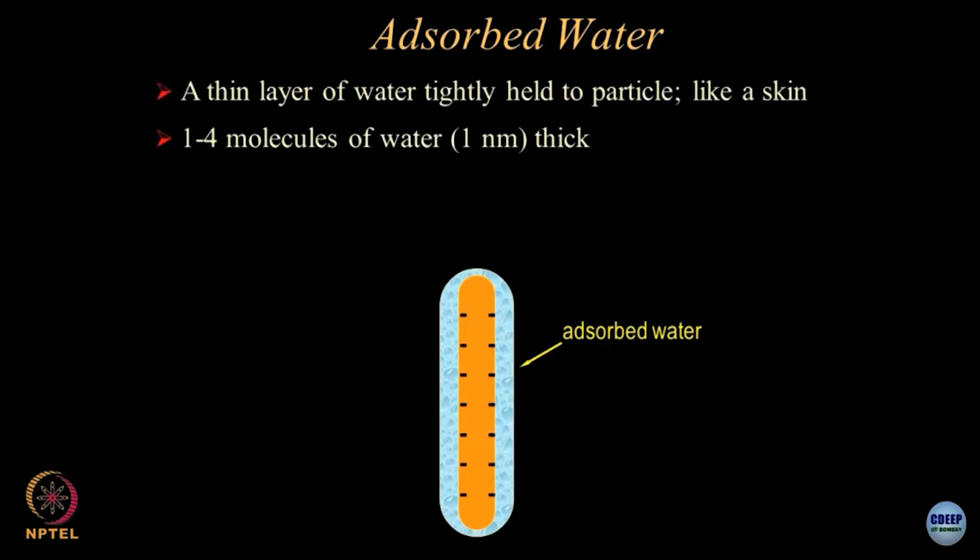It looks like a capsule. Sometimes adsorbed water is also known as hygroscopic moisture. That means you take the clays and put them in your laboratory or in your room, and Bombay city being very humid right now because of the rains, when you come back you will find that it has absorbed so much water, or it has become wet.